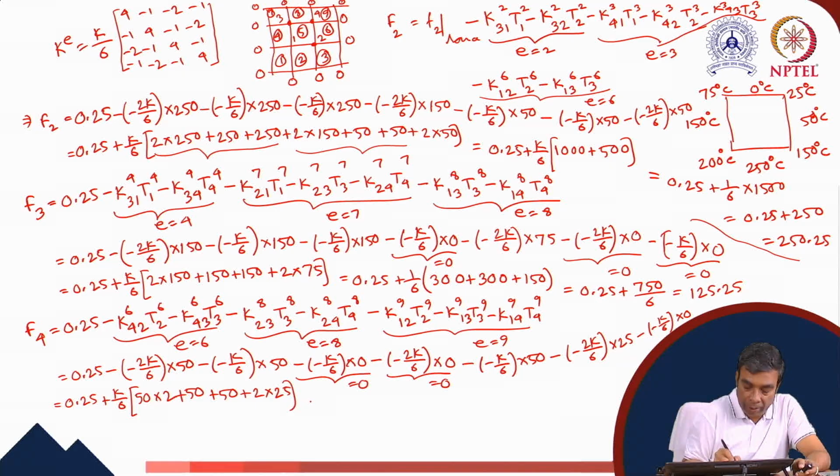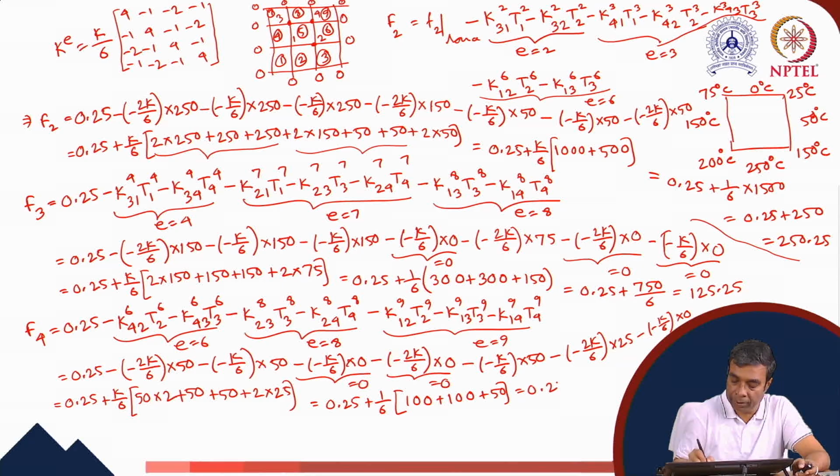So we are left with 0.25, K equals to 1 by 6 into 100 plus 100 plus 50.